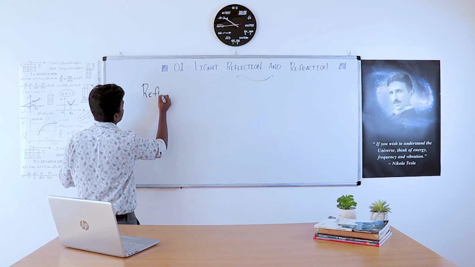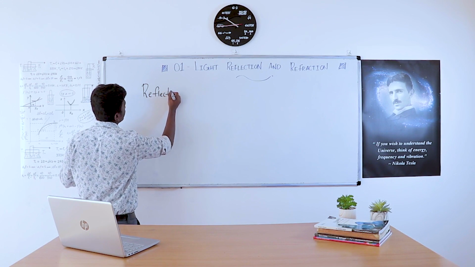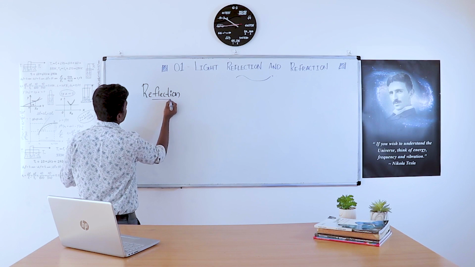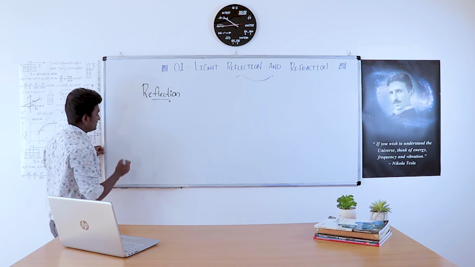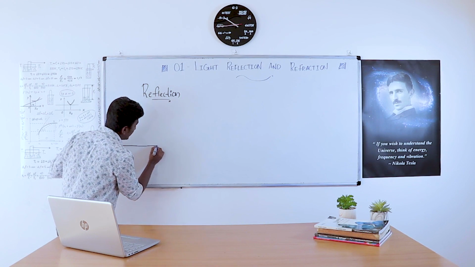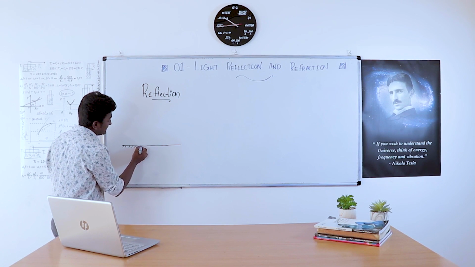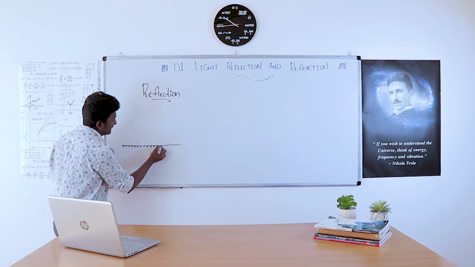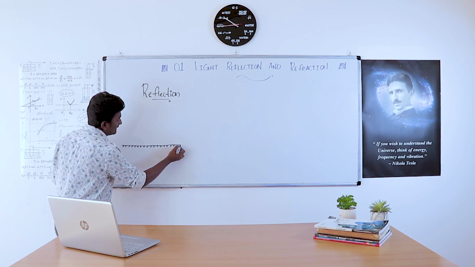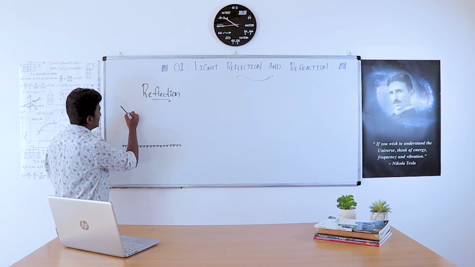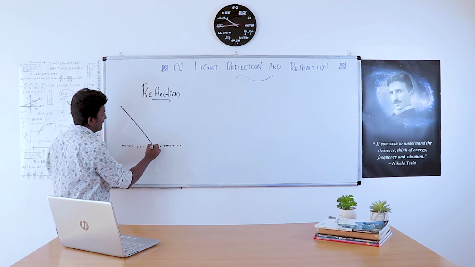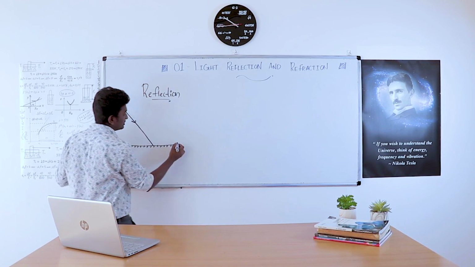What do you mean by reflection of light? Suppose we are considering a ray of light, and the ray of light is incident on a smooth surface.